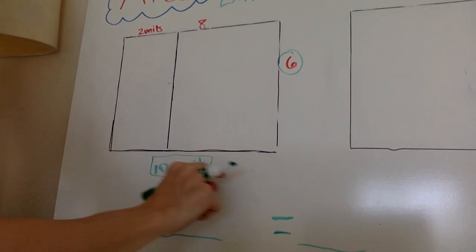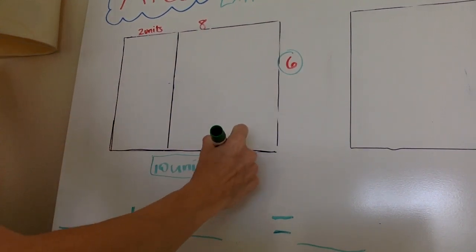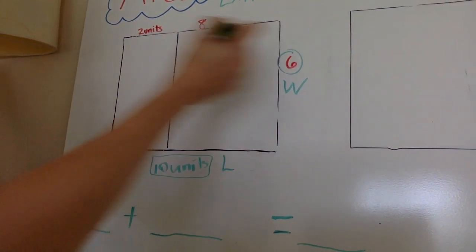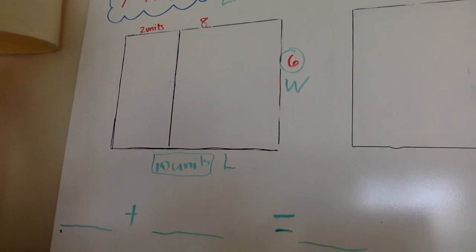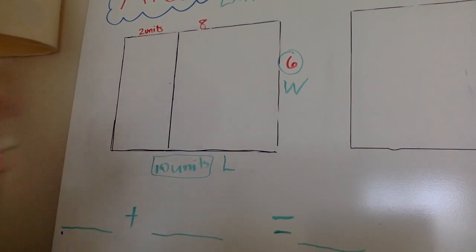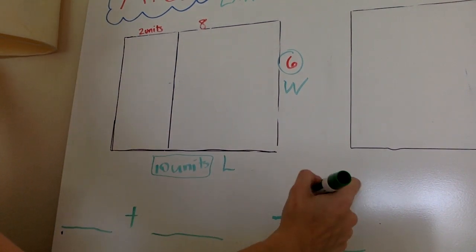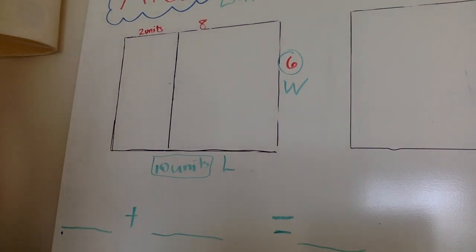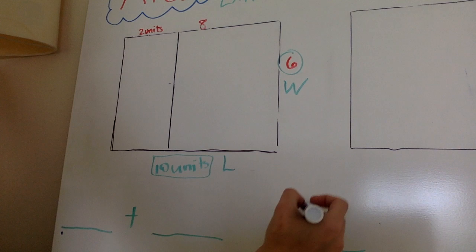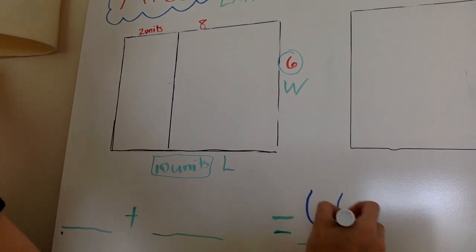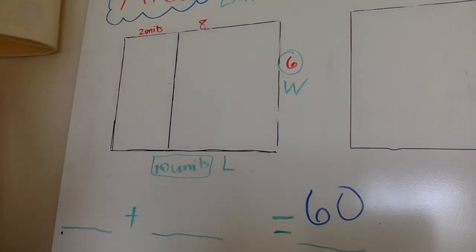The length times the width. This is the L, and this is the W. Not loser and winner, length and width. So if I multiply 10 times 6, I get 60. Woohoo! We're kind of taking a shortcut.